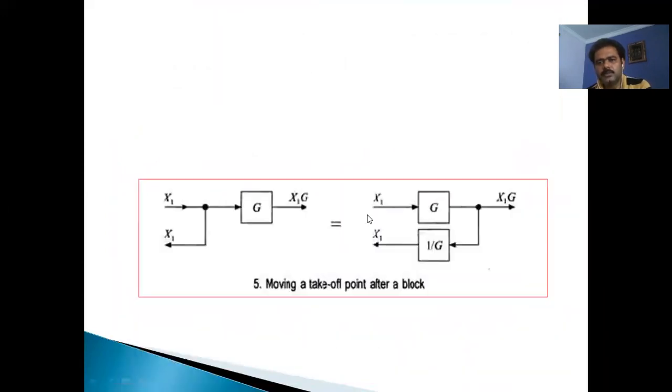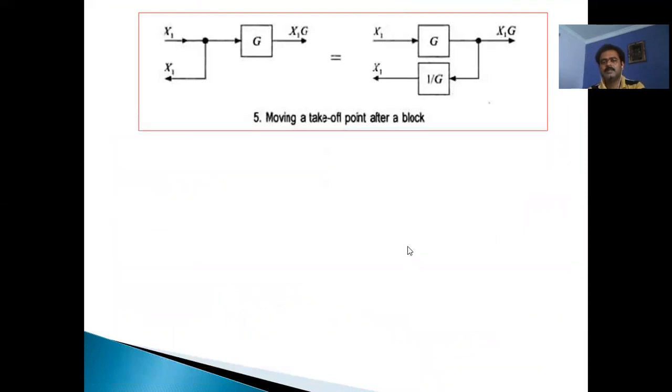Now the continuation, again takeoff point. If we want to move the takeoff point after this block, if we observe here, at a takeoff point the output is the same as the input.